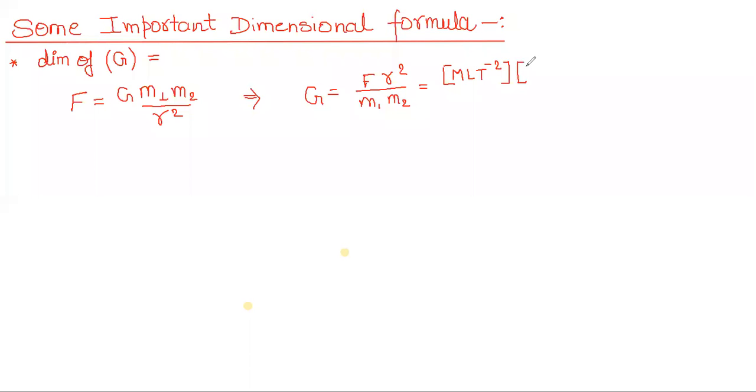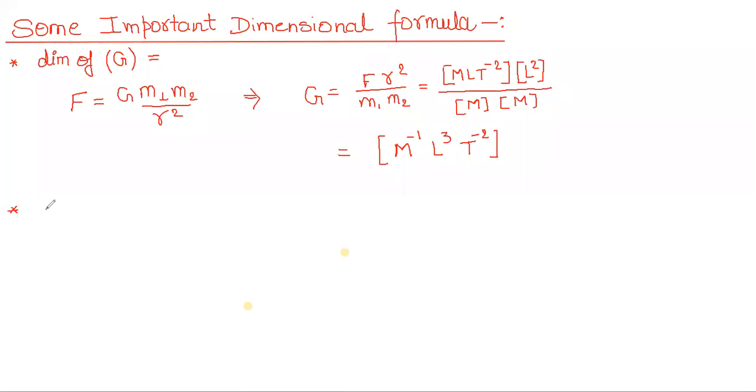Dimension of r is L, and since it is a square, write here square. m1 is M and m2 is again M. In this way, one M will be cancelled out and you will have M minus 1 L3 T minus 2. This will be the dimension of G, capital G.